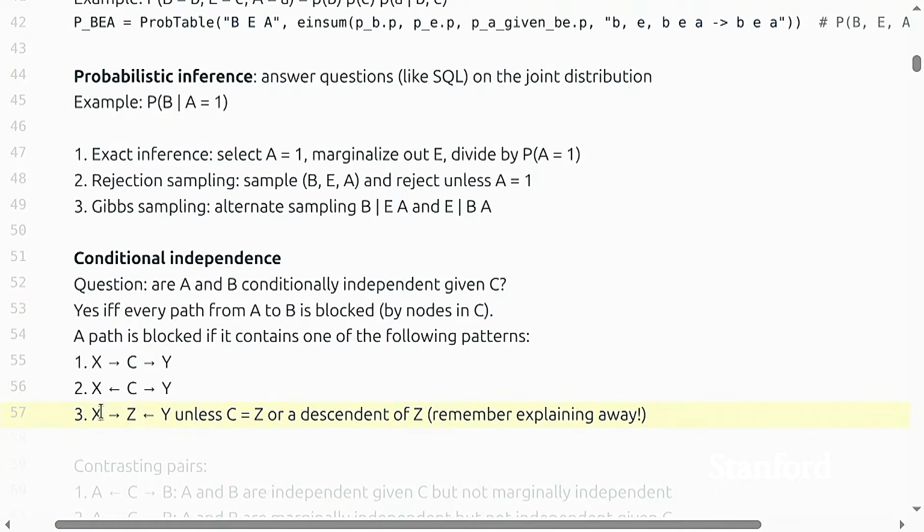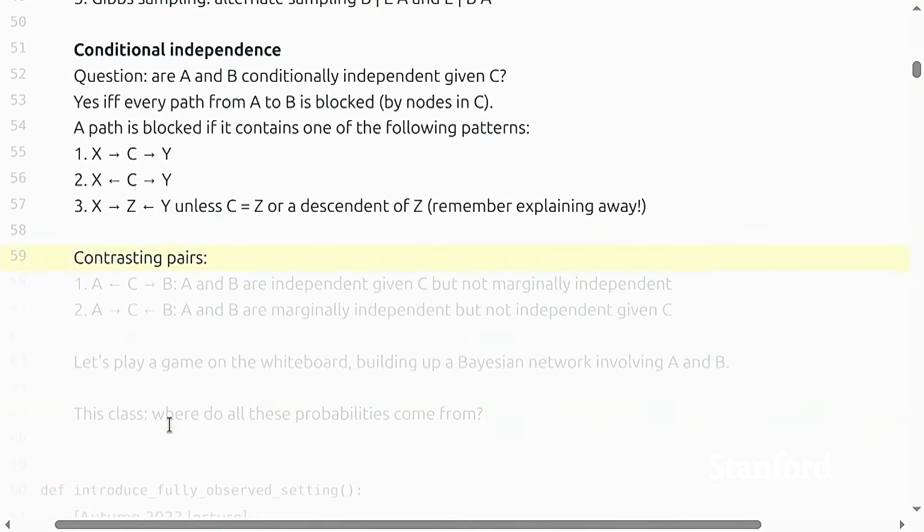So this is blocked unless you condition on something, unless you condition on z or a descendant of z. Okay? So I'm going to go through some examples, so I'll come back to this rule in a second.